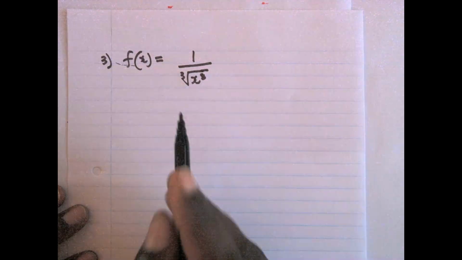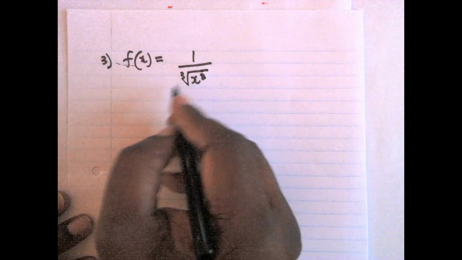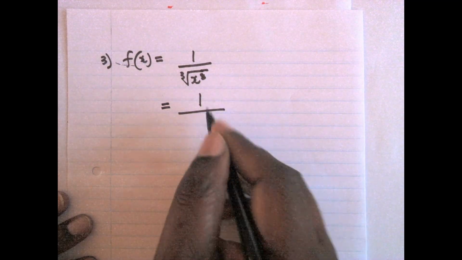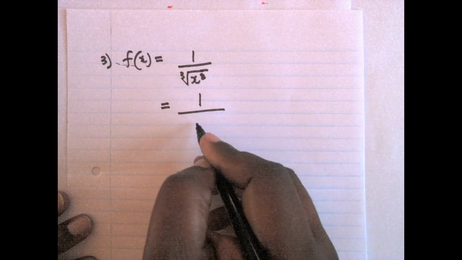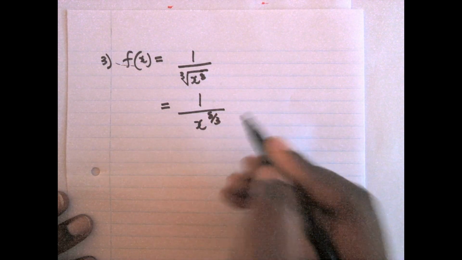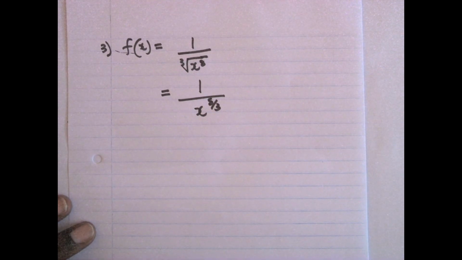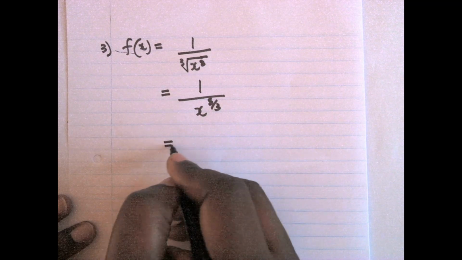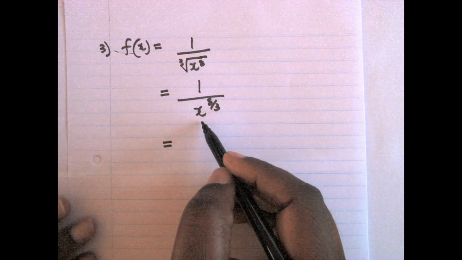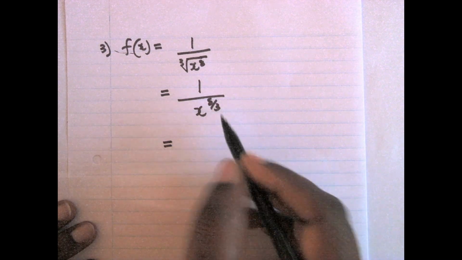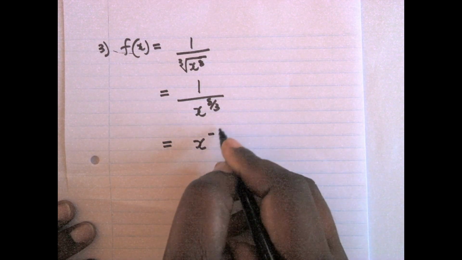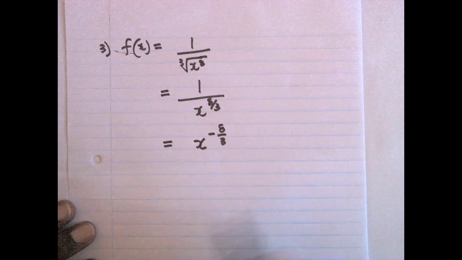In this regard, we have to first of all change the surd. So if we change the surd, this is going to be x to the power of 8 over 3. And when I do that, I have to adjust it again. Remember now, my variable is in the denominator, so I have to move it up using the laws of exponents, and this is going to become x to the power of minus 8 over 3.